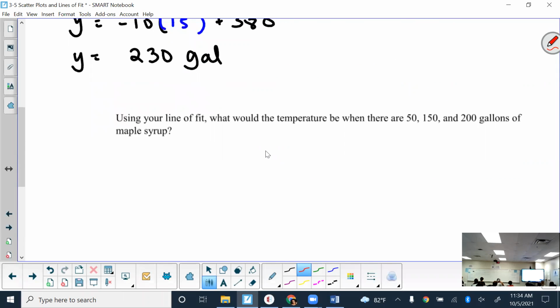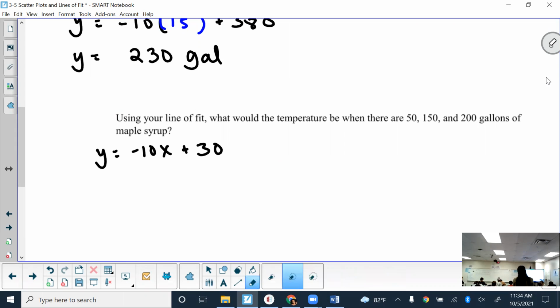Down here, using your line of fit, what would be the temperature when there are 50, 150, and 200 gallons of maple syrup? All right, so again, here's our trend line that we estimated. This time, what are we solving for?